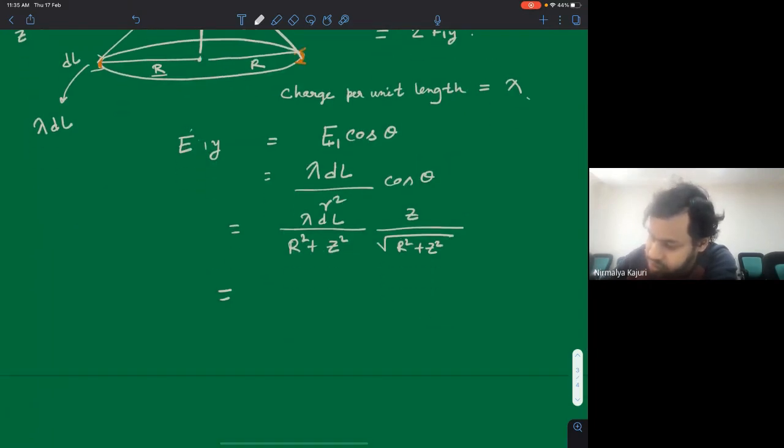So this thing is lambda z by r square plus z square to the power 3 by 2 into dl. And I have missed a k here. K is 1 by 4 pi epsilon naught.